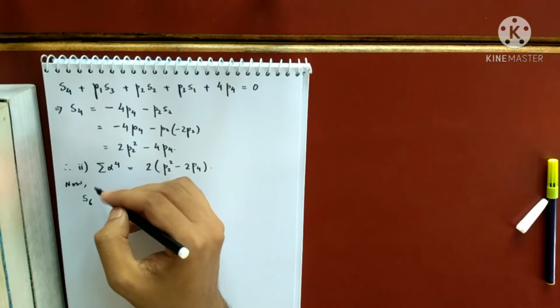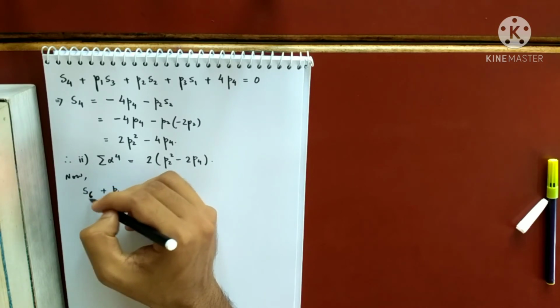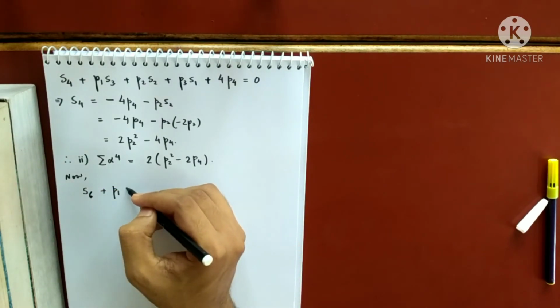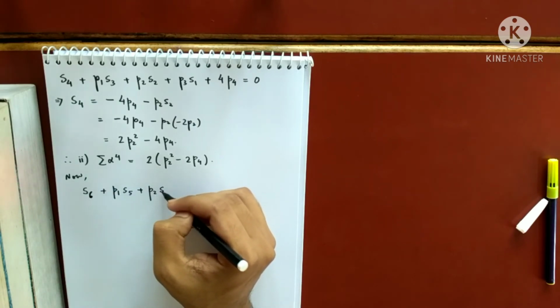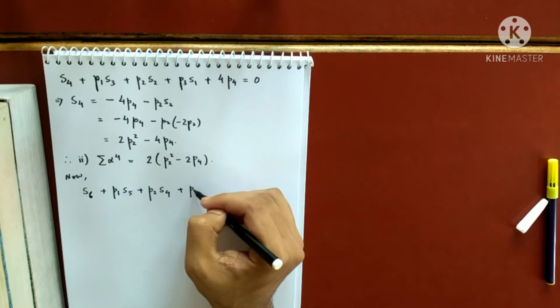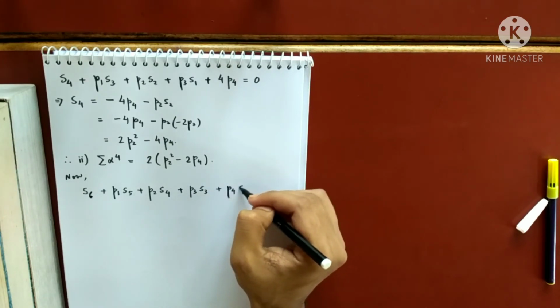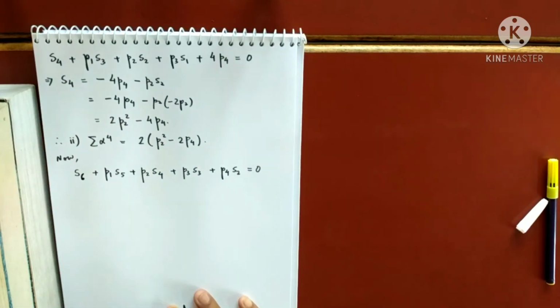S6 will be what? Here R is more than the degree of the equation. So S6 plus P1 S5 plus P2 S4 plus P3 S3 plus P4 S2. We'll stop here because there are no more coefficients left.